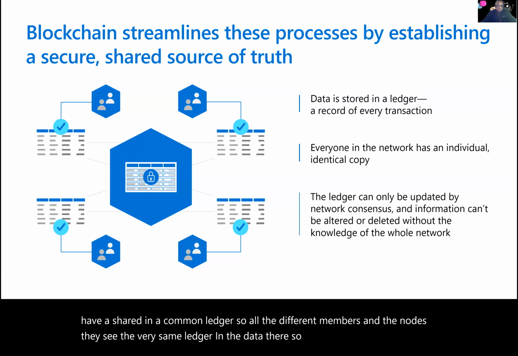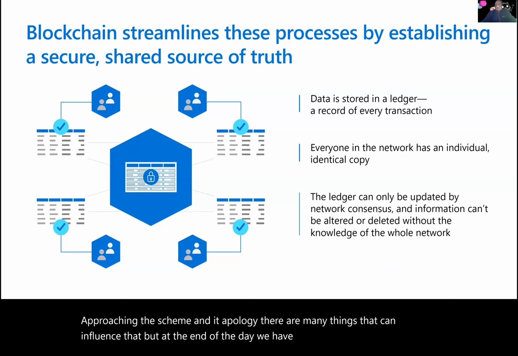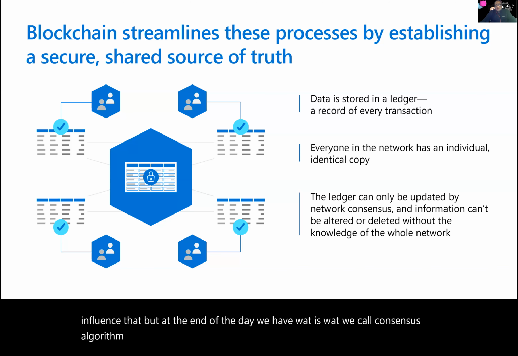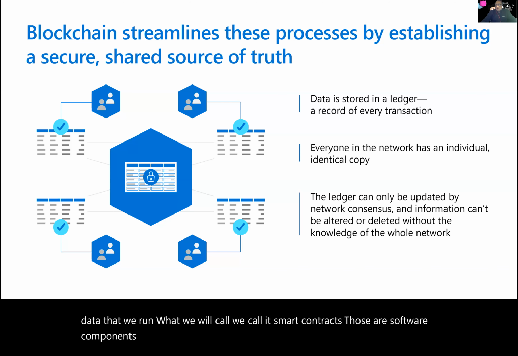So the transaction approach, the scheme and the topology, there are many things that can influence that. But at the end of the day, we have what we call a consensus algorithm. And depending on this algorithm, the nodes will receive the input data and run what we call smart contracts. Those are software components, for example, with business logic, like any other software component.